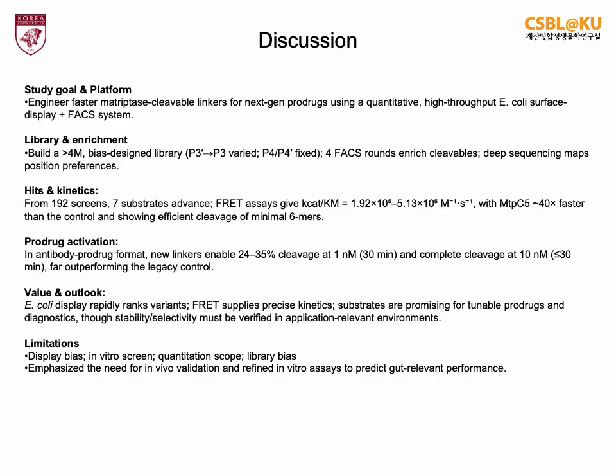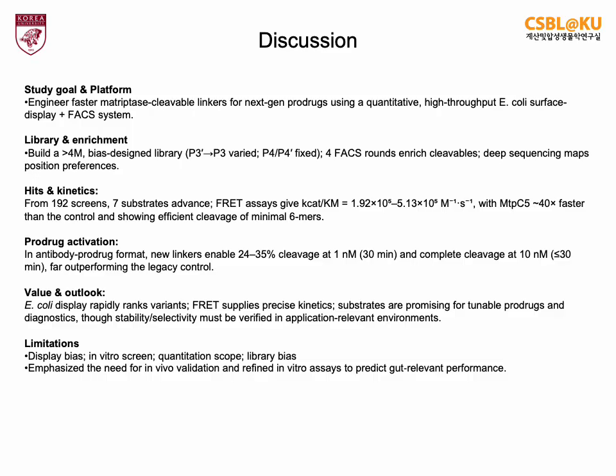In this study, the authors built a quantitative, equalized surface display and effect system to engineer matriptase-cleavable peptide linkers for tumor-selective prodrug activation. They screened more than 4 million variants in libraries through 4 increasingly stringent FACS runs, enriching truly cleavable substrates and mapping position preferences by deep sequencing.